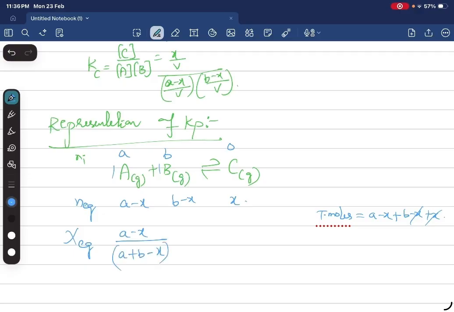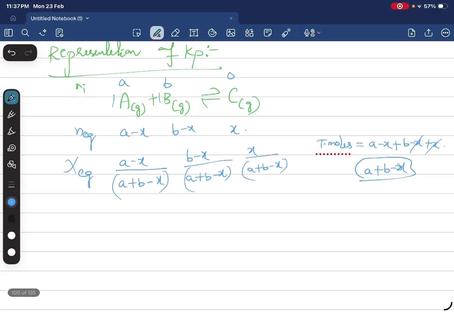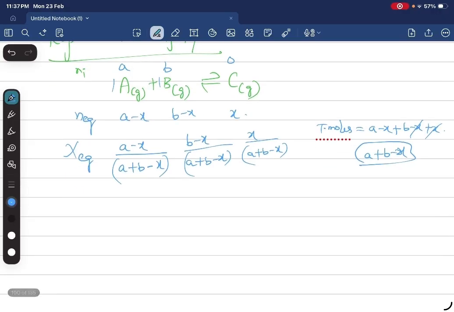Similarly, B minus x by A plus B minus x, and x by A plus B minus x. This is the overall mole fractions at equilibrium.